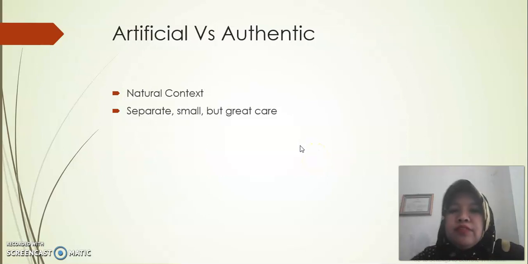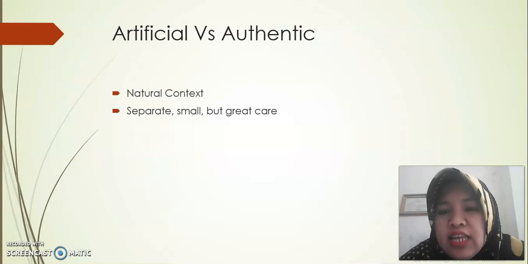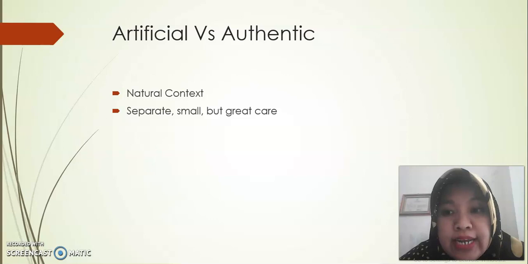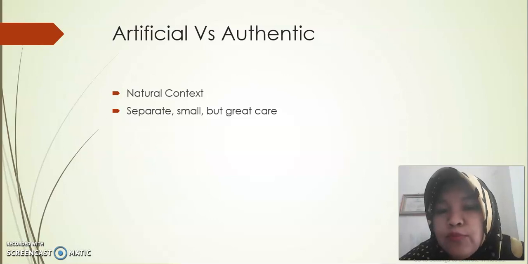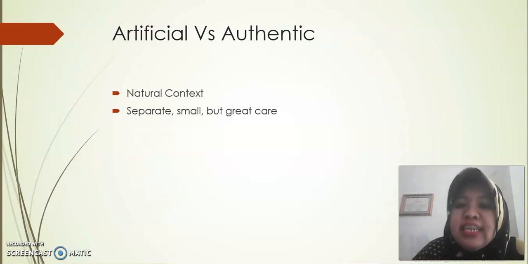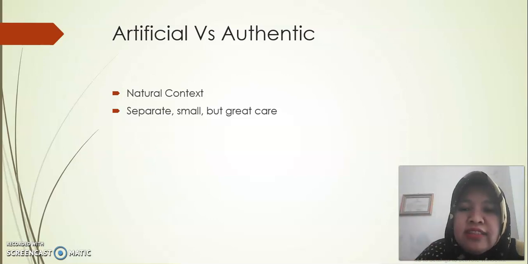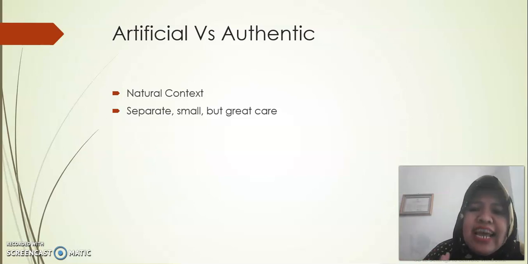How about artificial versus authentic? If we talk about an authentic test, we talk about natural context, so the skills are integrated, and there is only a slight difference between those four skills.